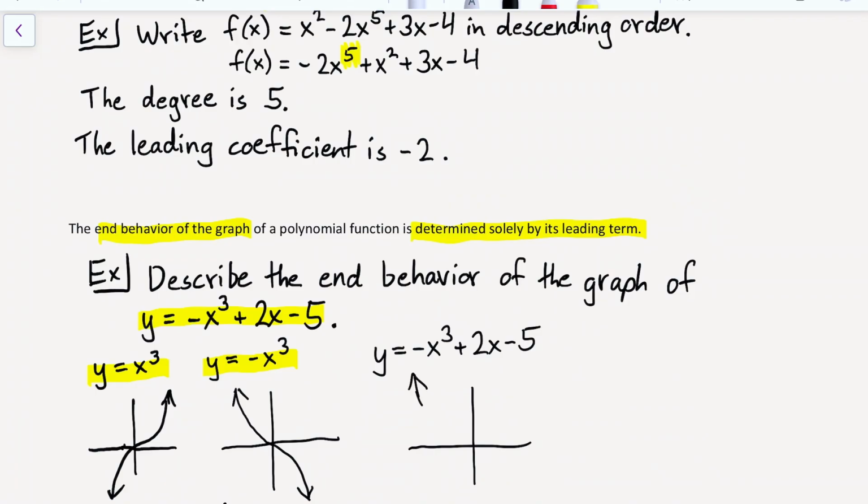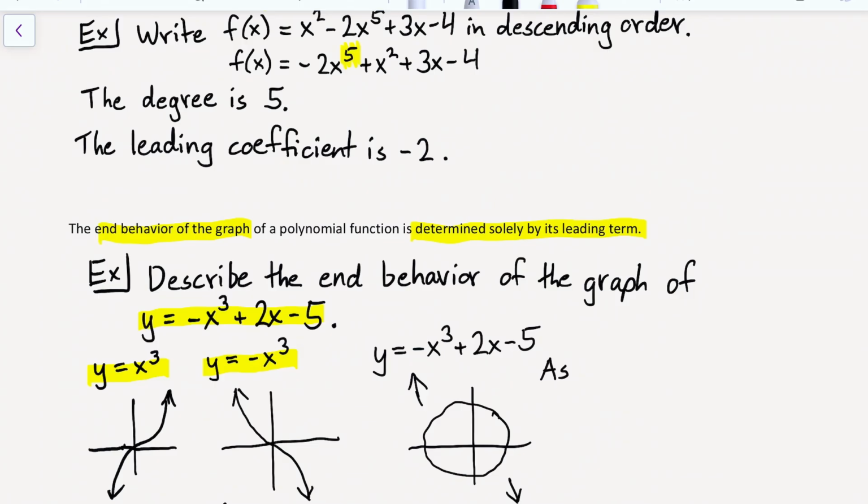I can say that in this quadrant, it's going upwards, and in this quadrant, it's going downwards. That's the end behavior of this graph. There may be some other squiggles in the graph, some turning points here in the middle because of these extra terms, 2x and minus 5, but the end behavior is the same as the graph of y equals negative x cubed. So let's describe this end behavior.